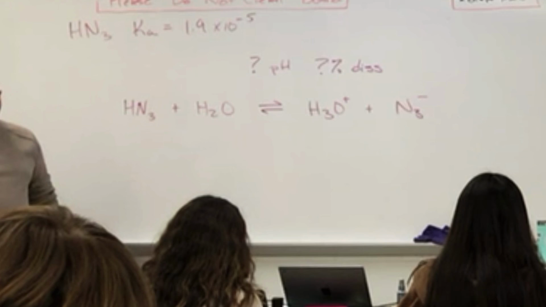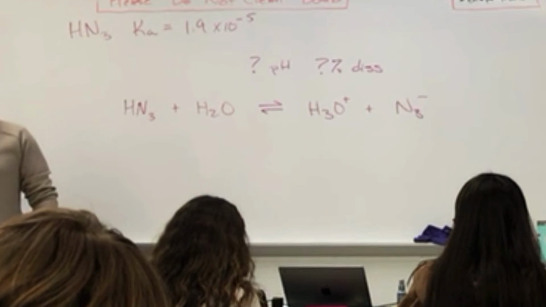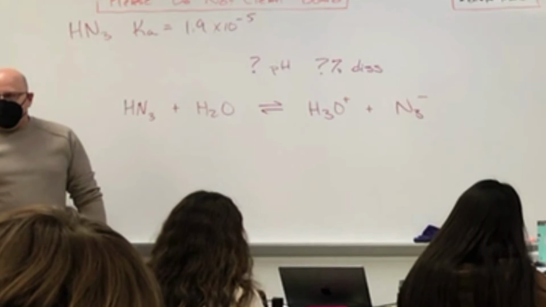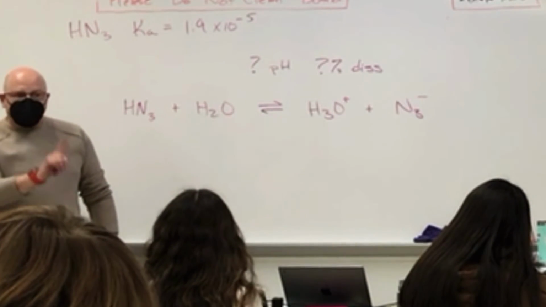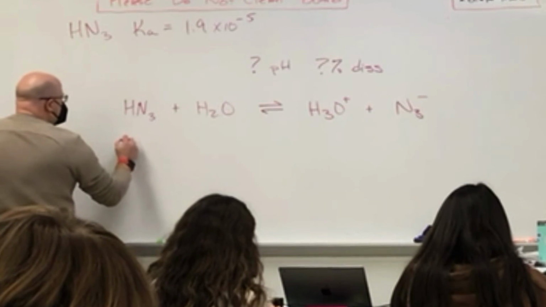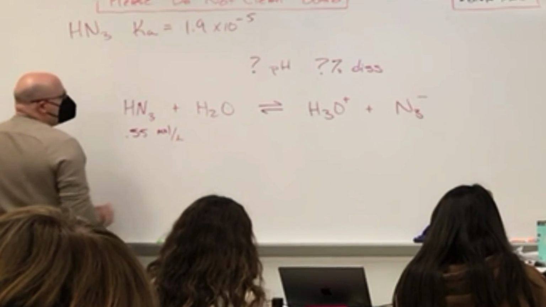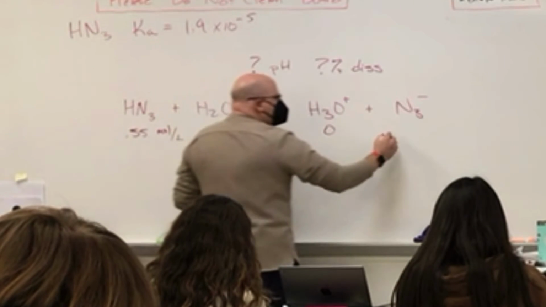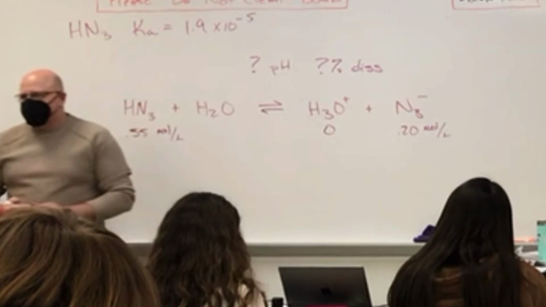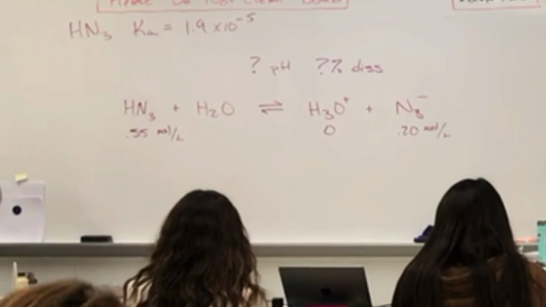Okay, so you've got 0.55 moles. Why is it 0.55 molar? Because it's 1 liter of solution. If it wasn't 1 liter of solution, what would you be doing here, people? Dividing it by that volume in liters. Okay? So it is 0.55 molar, 0, and 0.20 molar. Everybody good?